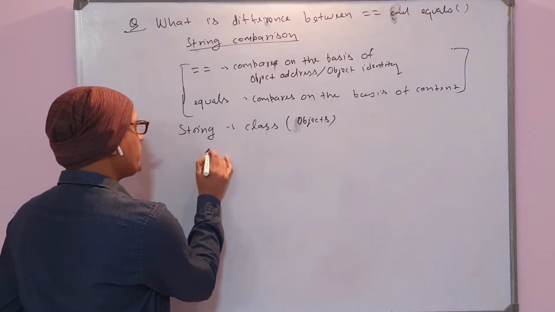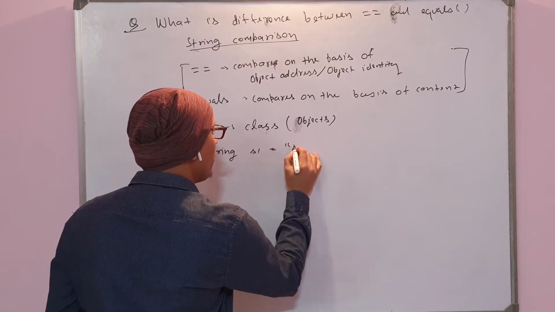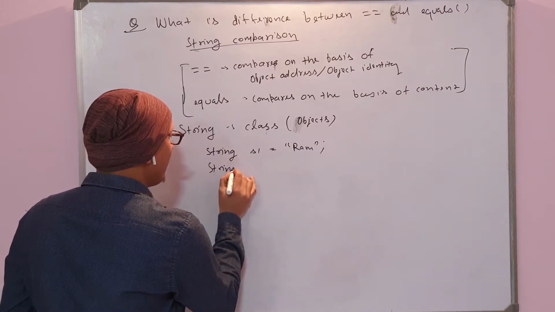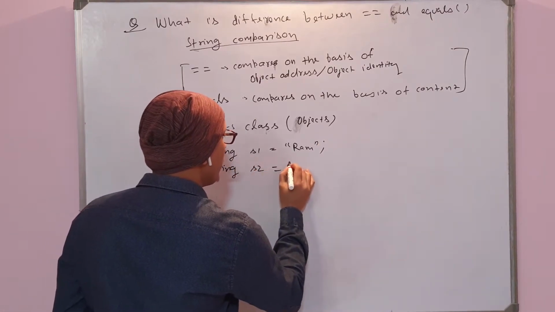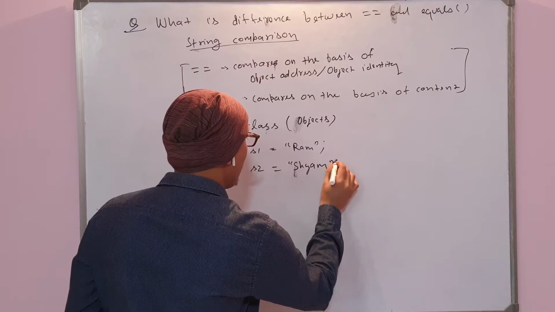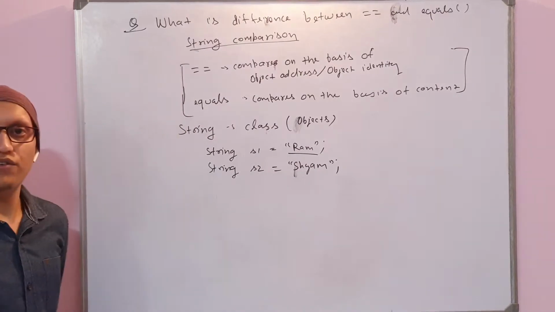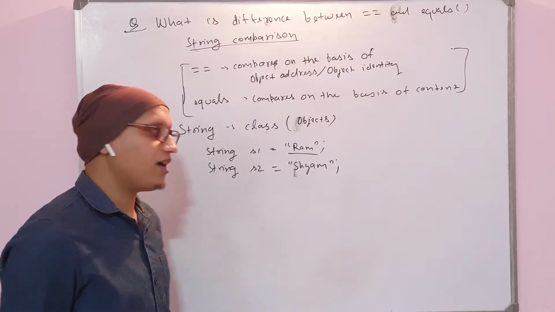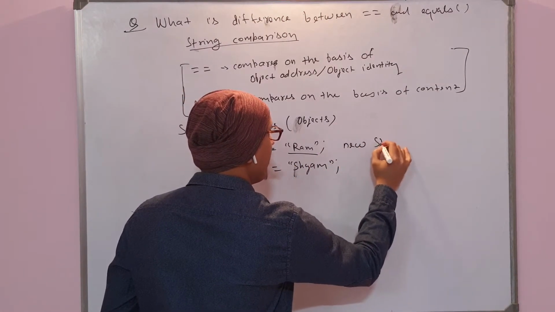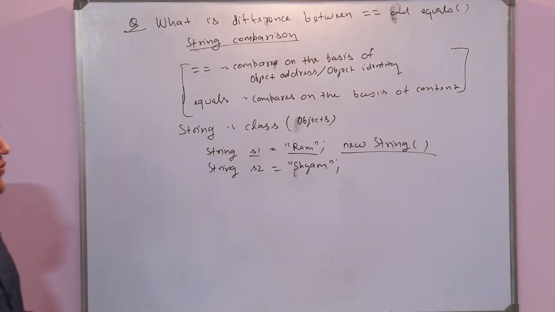As for example, String s1 equal to Ram, String s2 equal to Sam. Even though it looks like a very normal primitive data type, you must be aware that string is not a primitive data type, it's a class. Even though we write it this way, internally it does something like this. Okay, so this is an object.